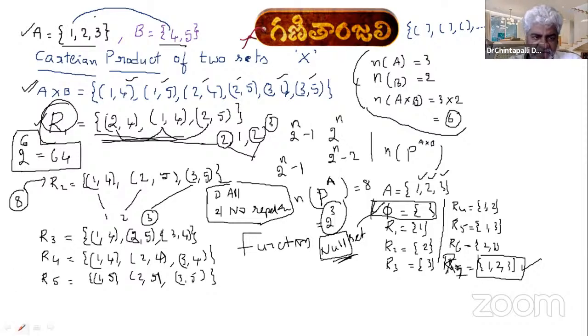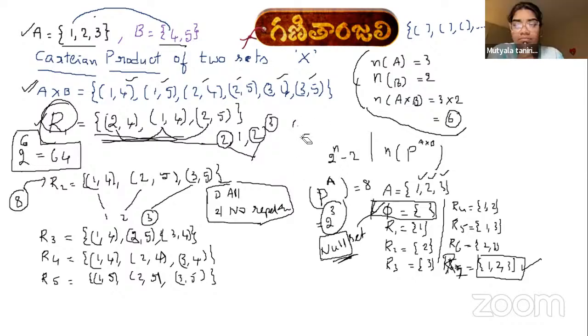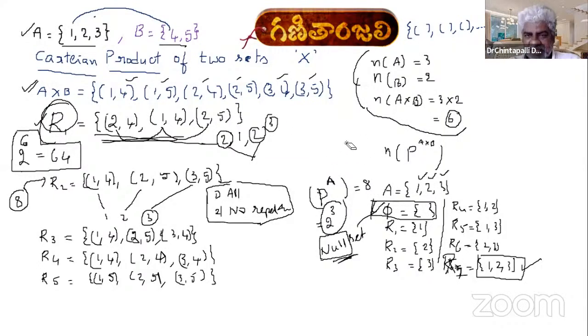Apart from being relations, R3, R4, R5 are called functions, right?